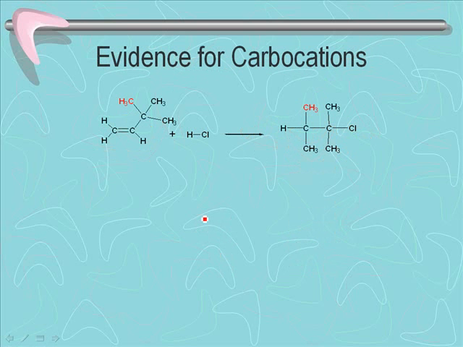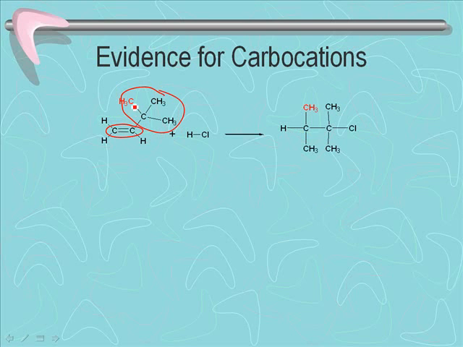One of the main pieces of evidence for carbocations is the observation that rearranged products form in the reaction. If we look at the structure of our starting material, alkene here, we have a tert-butyl group attached to the carbon-carbon double bond. In our product, we have no tert-butyl group that we can identify.